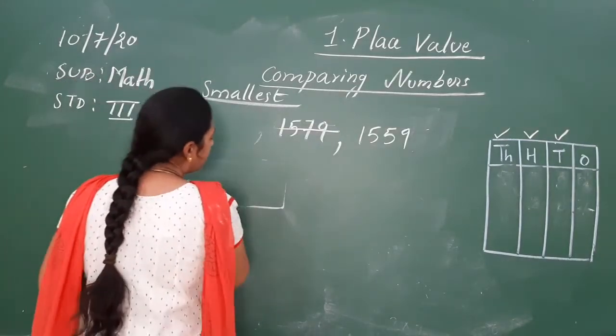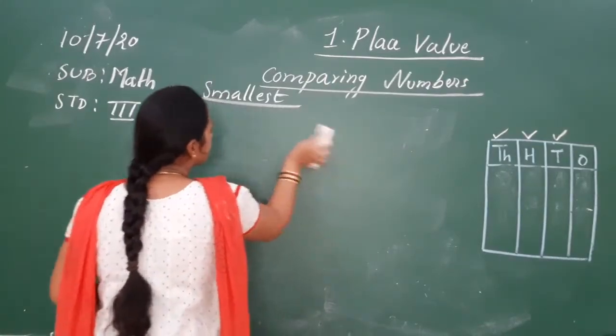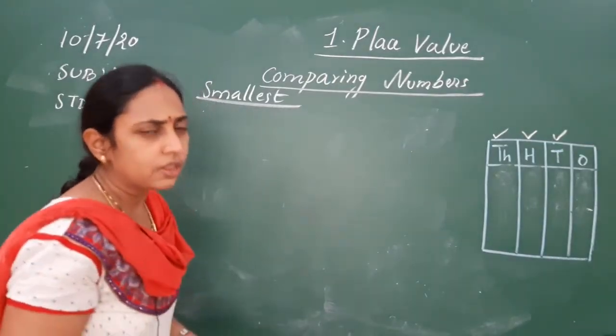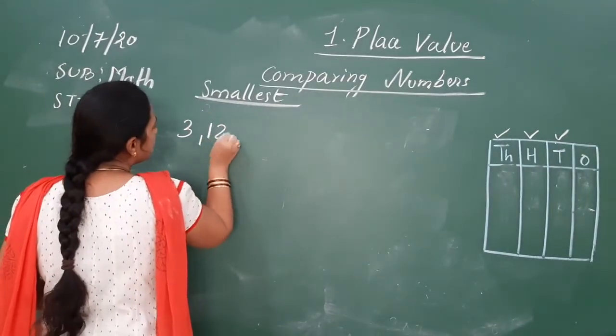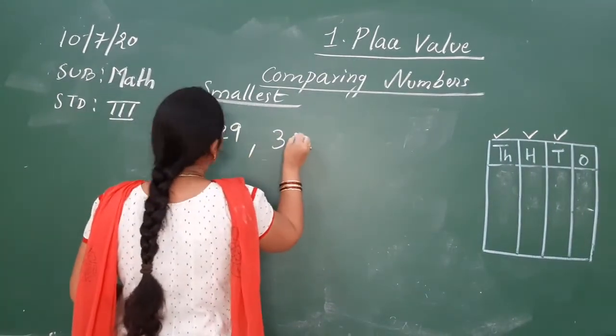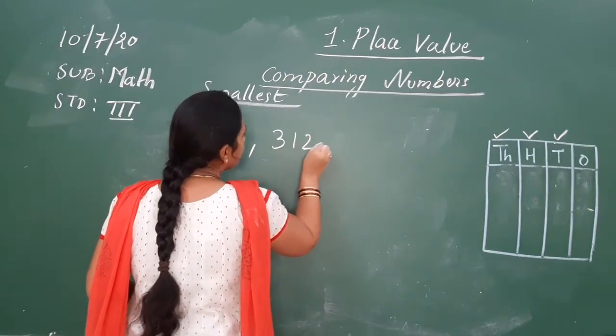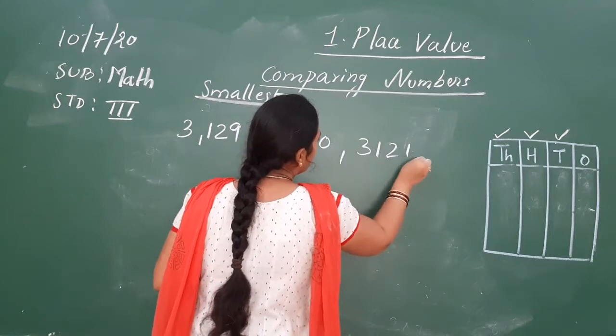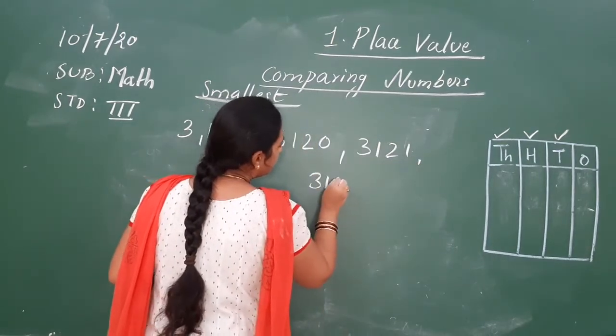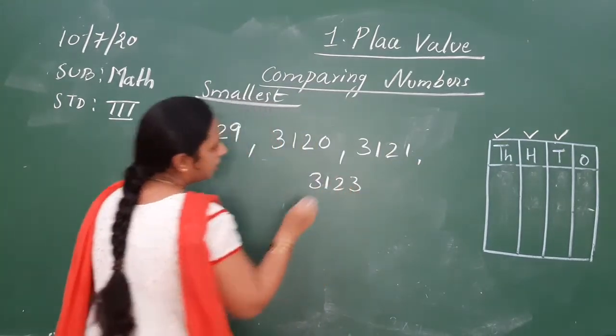Let us see the smallest number with 4 digits. That means 3129, 3120, 3121, 3123.